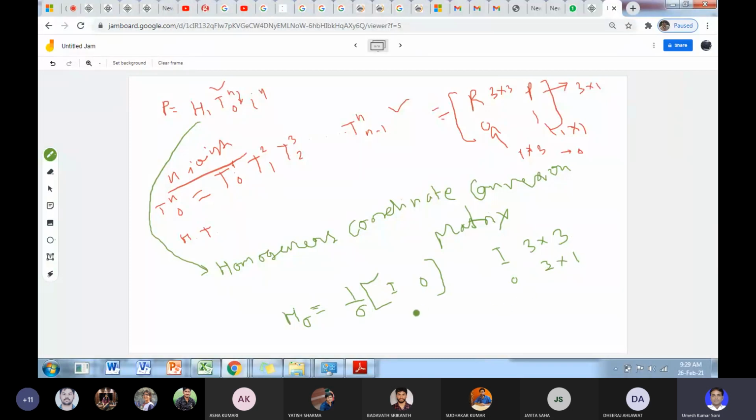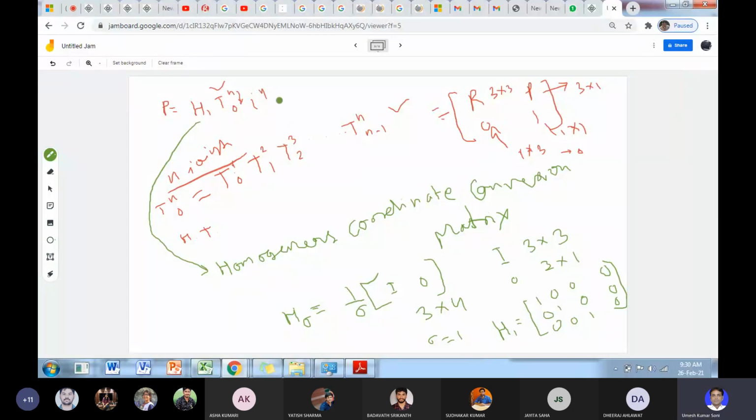So it will be a 3 by 4 matrix, and sigma is generally taken equal to 1. So H1 will be defined by 1 0 0 0, 0 1 0 0, 0 0 1 0, and these all terms are 0. So this is H1.